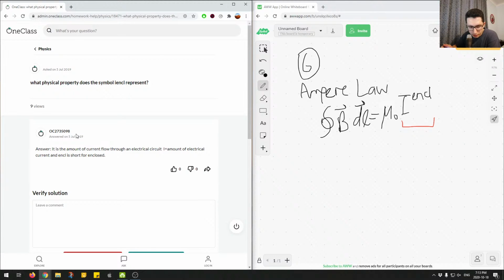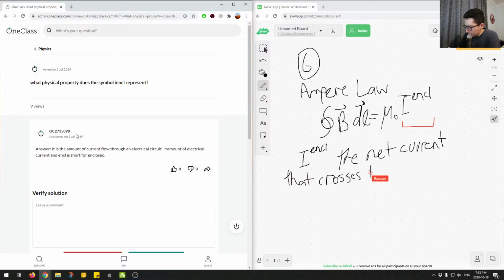And essentially, just to write out what this is, I enclosed is the net current that crosses the surface that is defined by the closed path.